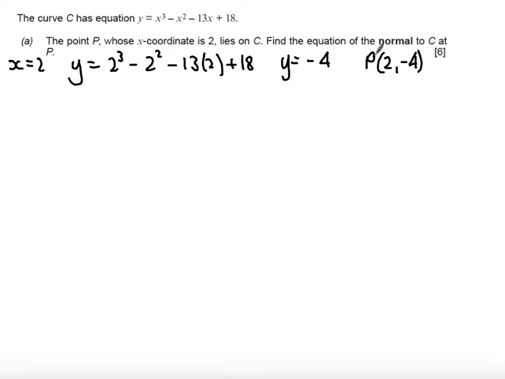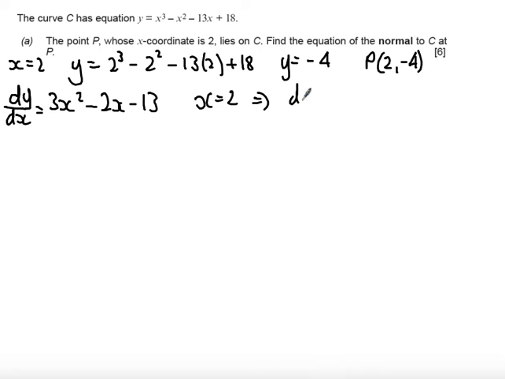Now I've got a point, I need a gradient. This is a curve, so in order to find the gradient of a curve, I need to use differentiation. I need to find dy by dx. So differentiating y, I get 3x squared minus 2x minus 13. And then of course the constant disappears. So I need to know the gradient at the point x equals 2.